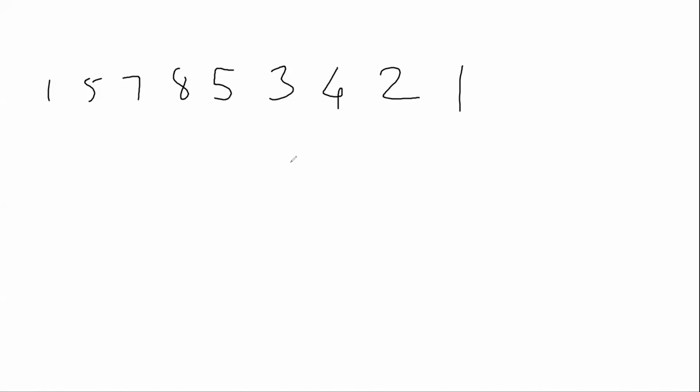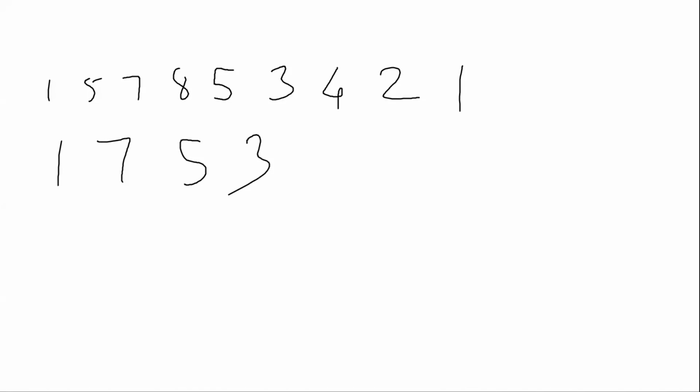I have one question. Can I ask that question? Yeah, go ahead. If you have a sequence like 1, 7, 5, 3, and the difference is -2, then what is the output?